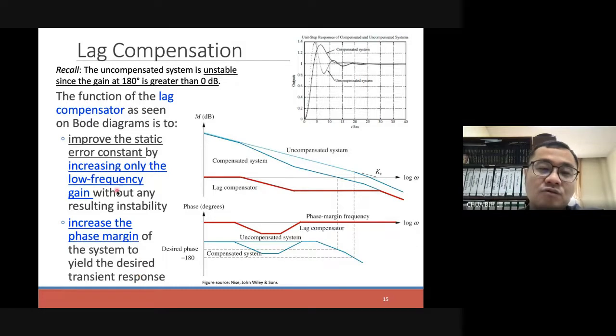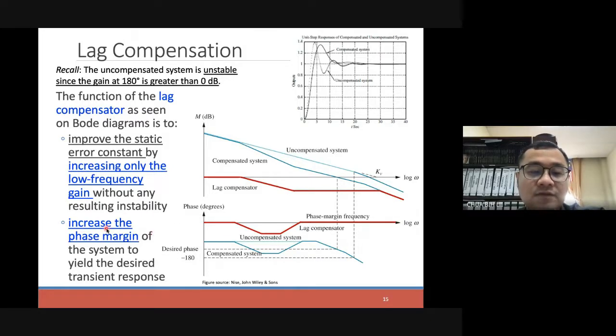How we do this is, for the static error constant, we increase only the low frequency gain. The rest we reduce.